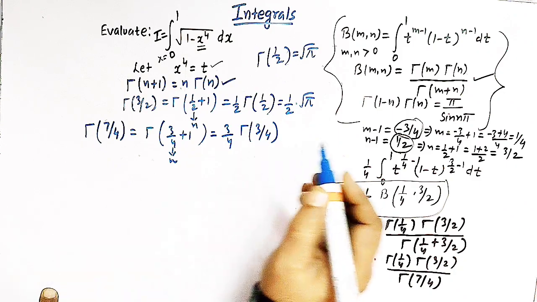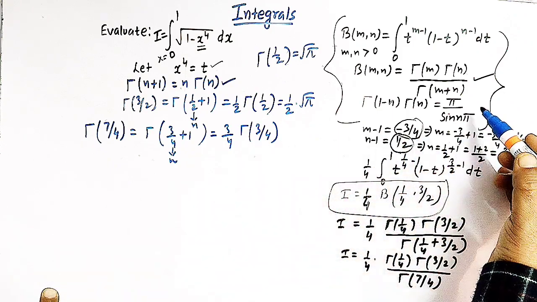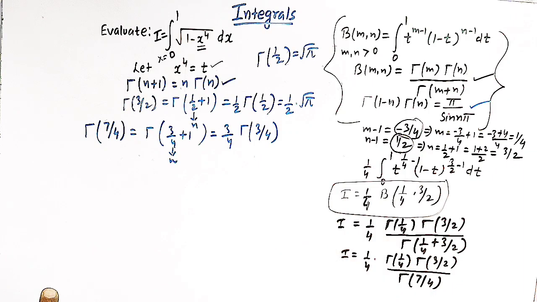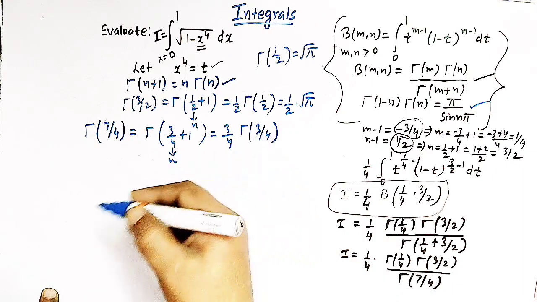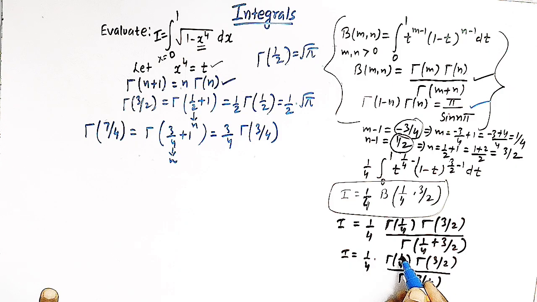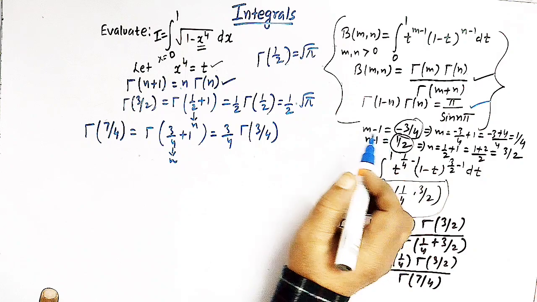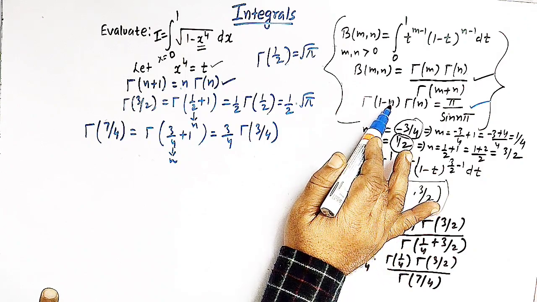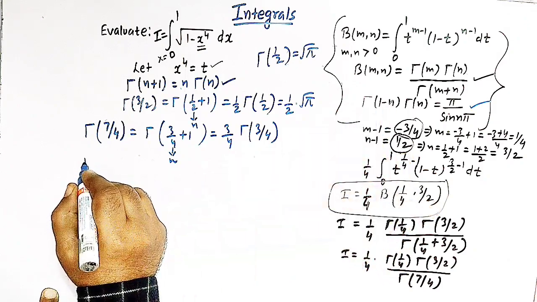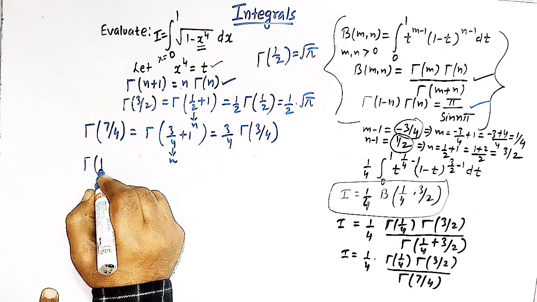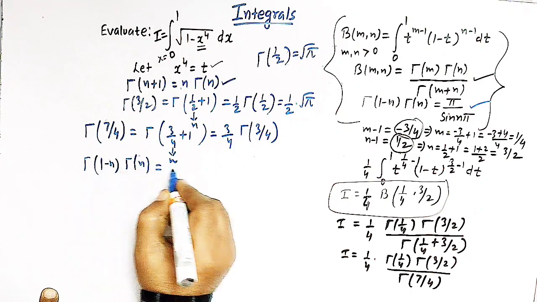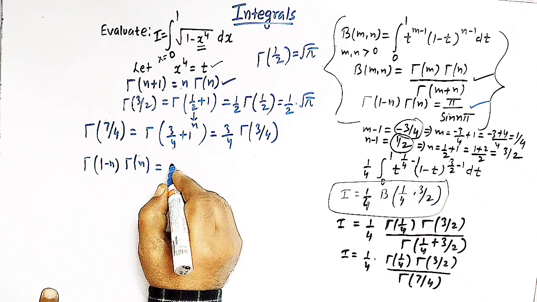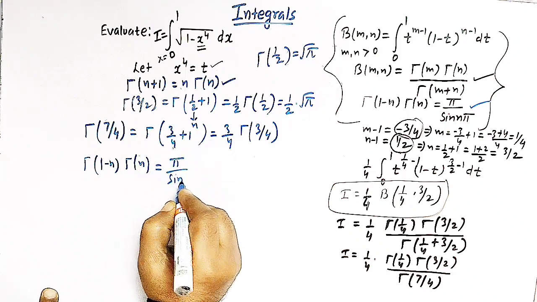Okay, now let us make use of Euler's reflection formula, right? Because we have to express gamma 3 by 4 in terms of gamma 1 over 4. So here we can substitute n is equal to 1 by 4. So the Euler's reflection formula is gamma 1 minus n gamma n is equal to pi over sine n pi.